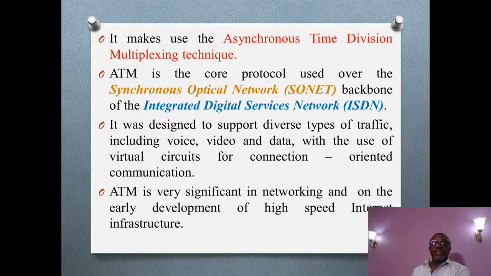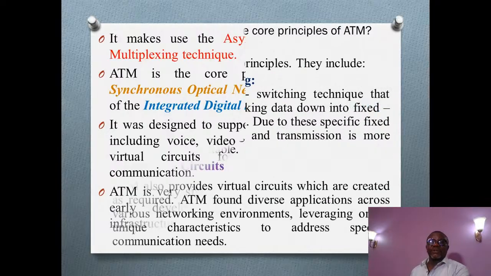It was designed to support diverse types of traffic, including voice, video, and data, with the use of virtual circuits for connection-oriented communication. ATM is very significant in networking and in the early development of high-speed internet infrastructure.